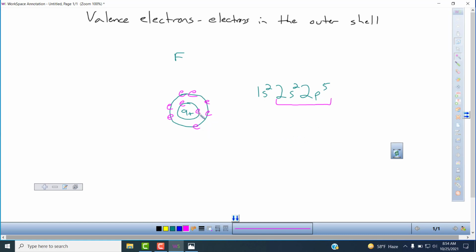We don't draw the sublevels, but when you see this notation, you have to remember that second level is the same level. And so this is telling us there's 2 electrons plus 5, there's 7 electrons. When you see this notation, 7 electrons total, and we can draw it like that.